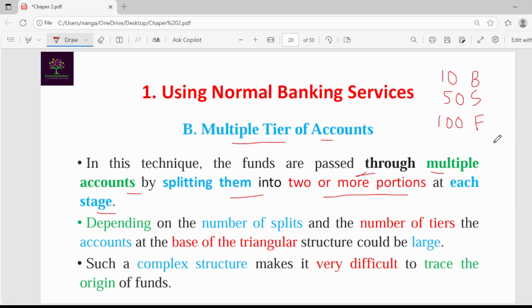Like train coaches, 3-tier AC coach, 2-tier AC coach, 1-tier AC coach, here 3 tiers of accounts are there.